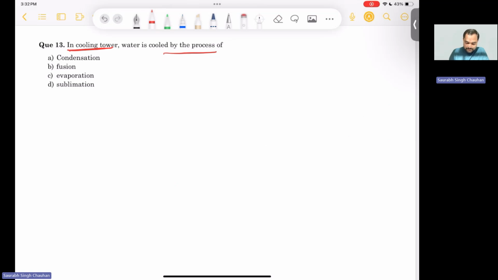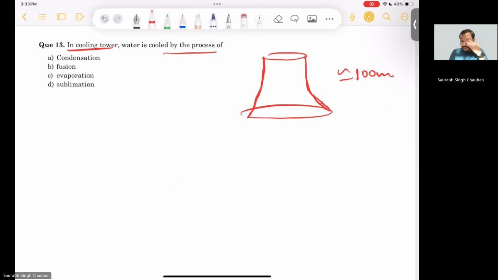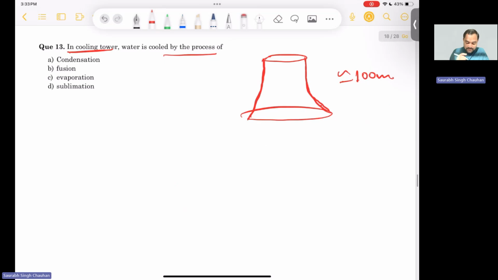Basically, you might have seen cooling towers in many power plants, those big hyperbolic structures, quite high, sometimes even like 100 meters. So in a cooling tower, what happens?